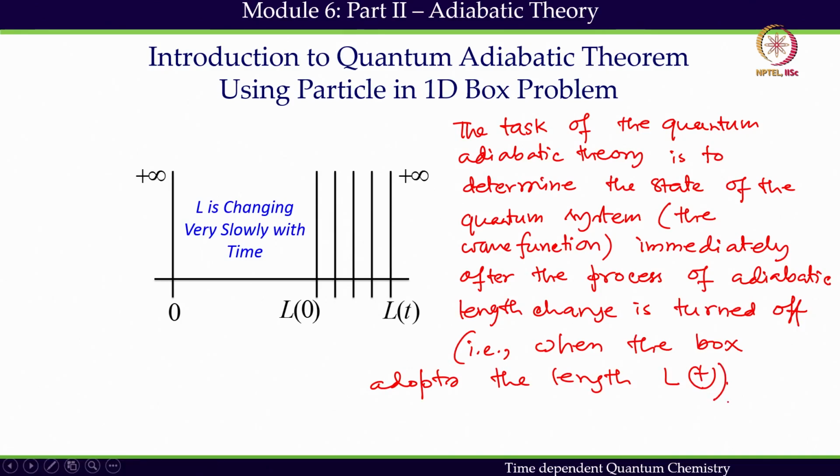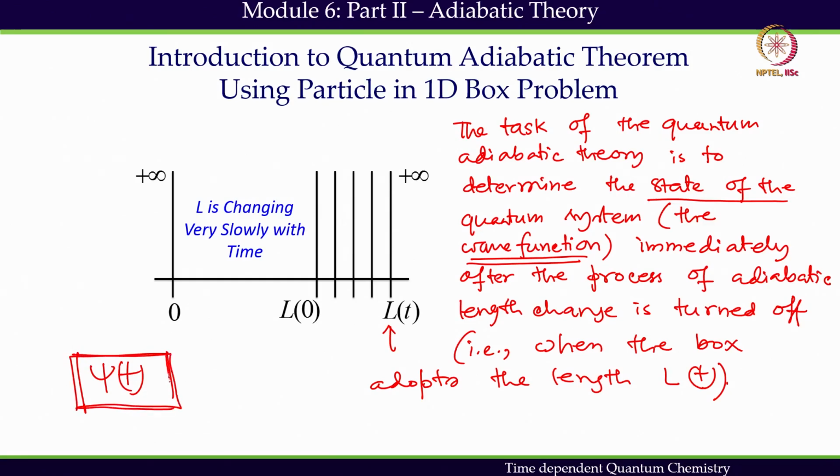So the entire task of the quantum adiabatic theorem is to determine the state, which is nothing but the wave function. I need to find out the wave function of the system, psi t, at time t, immediately after the adiabatic change has been turned off. What wave function is representing the current system immediately after the adiabatic change is turned off?